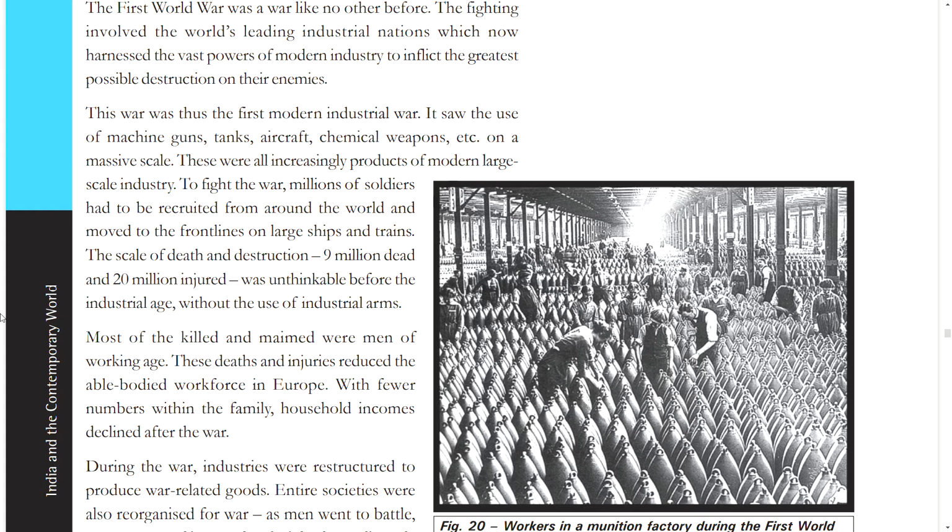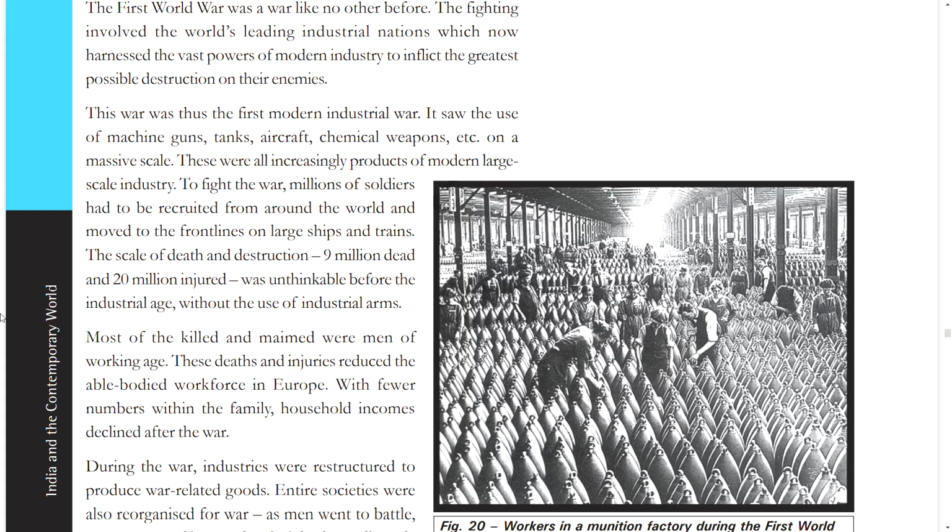The scale of death and destruction: 9 million dead and 20 million injured. 9 million dead and 30 million injured was unthinkable before the industrial age without the use of industrial arms.